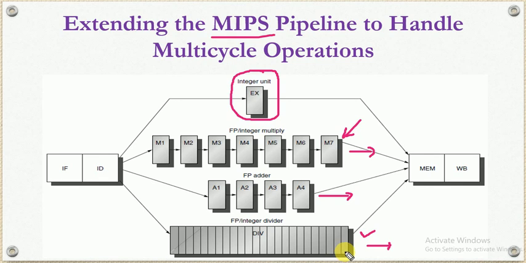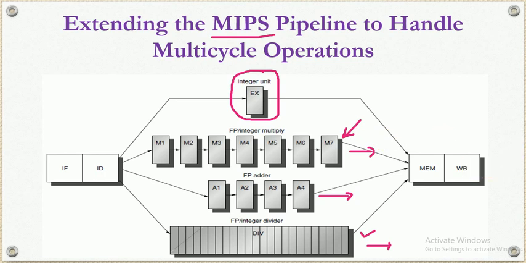So at a time, only one can enter the division operation. But for addition and multiplication, more instructions can be pipelined by utilizing the different stages of these functional units. So this is the extended version of the MIPS pipeline architecture.